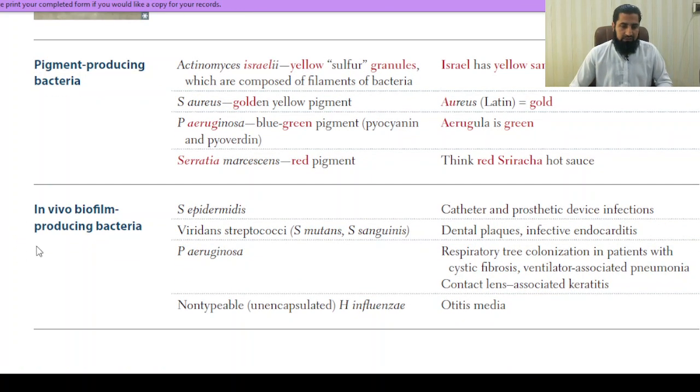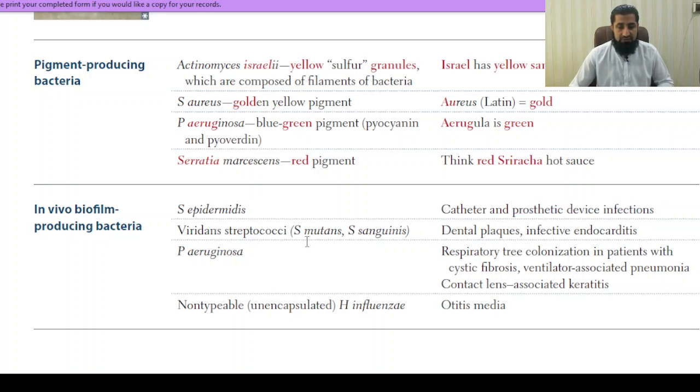In vivo biofilm producing bacteria are Staph epidermidis. These bacteria infect catheters and prosthetic devices.